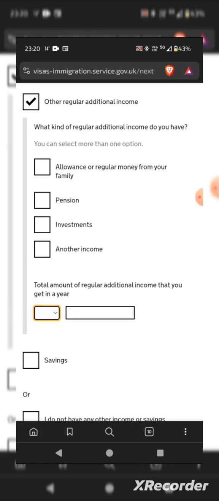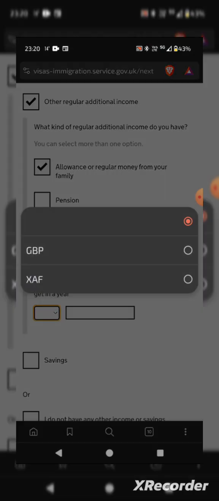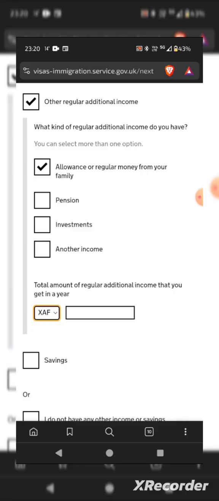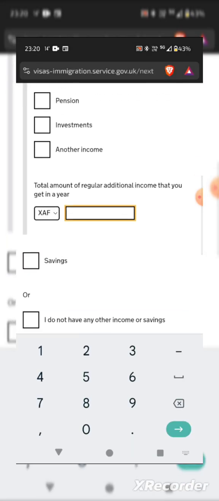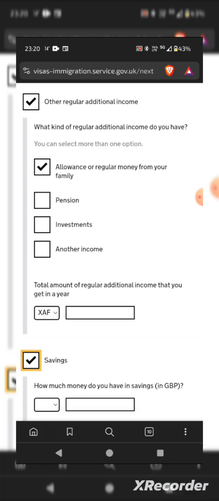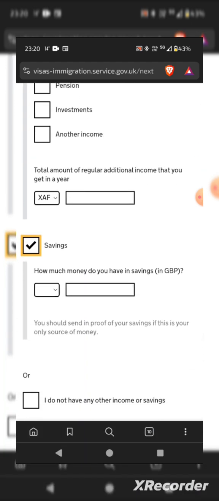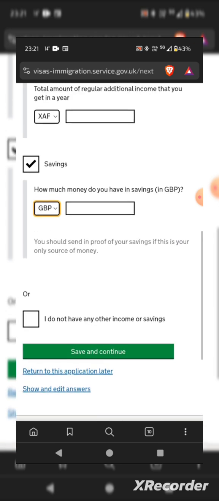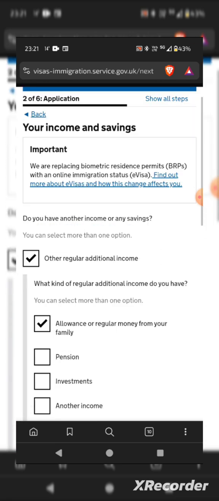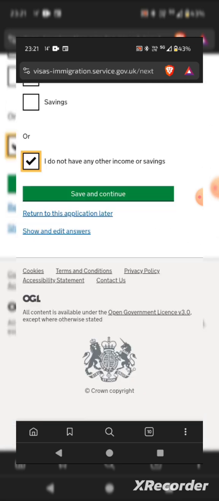If you are taking the example of allowance from family, you come down here, choose the currency and type whatever you are typing here. If it's from savings, you choose it, do the same, how much from the savings and all of that. It's that simple and straightforward.